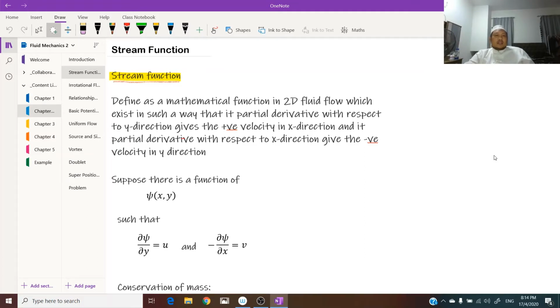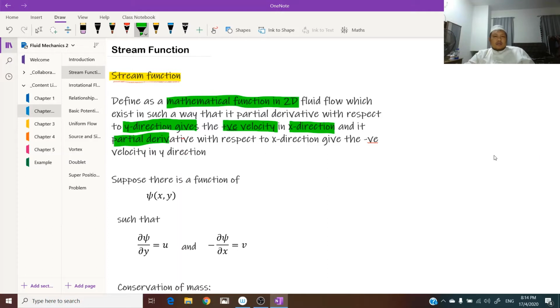In this definition, the stream function can be defined as a mathematical function in two-dimensional fluid flow which exists such that its partial derivative with respect to the y direction gives the positive velocity in the x direction, and its partial derivative with respect to the x direction gives the negative velocity in the y direction.